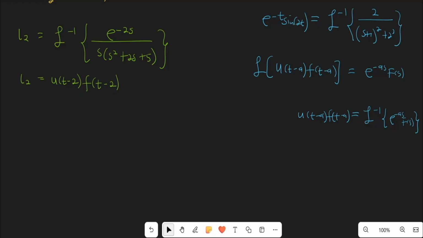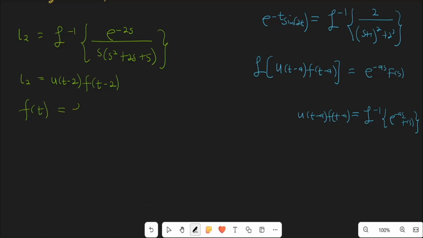So this one is the Laplace inverse of this, but we do not know what f of t minus 2 is. To find f of t minus 2, we will have to find f of t and then shift the variable t by 2. So f of t is the Laplace inverse of the remaining function, the one without the exponent.